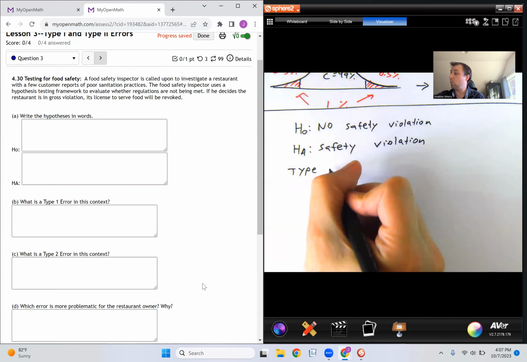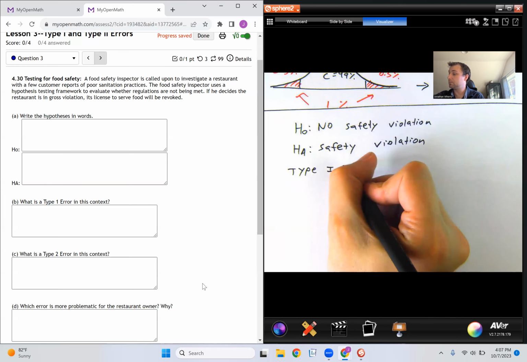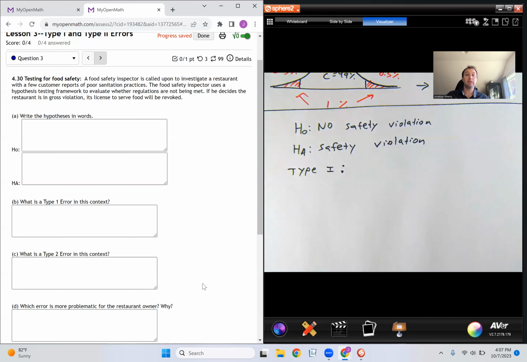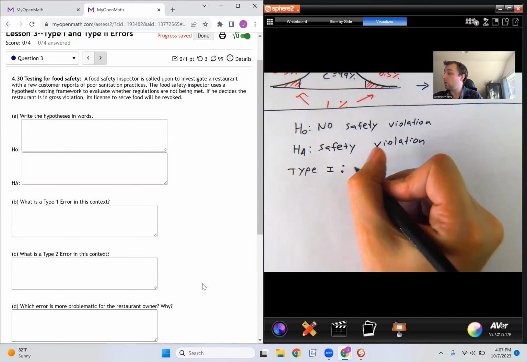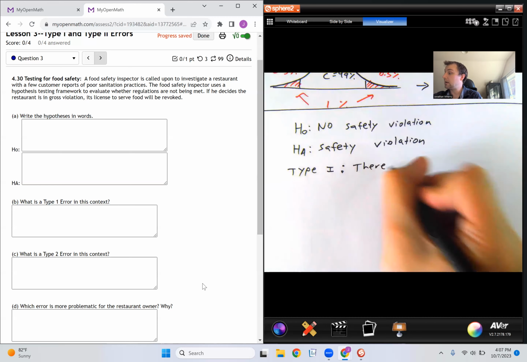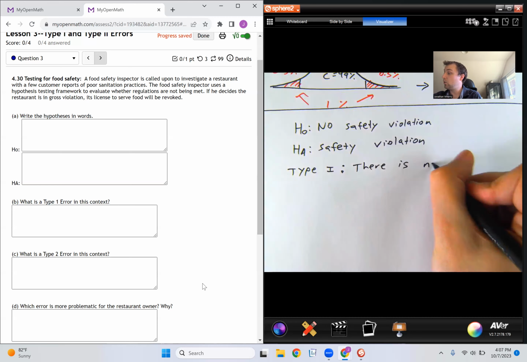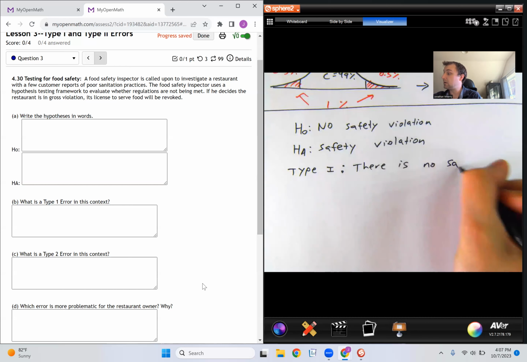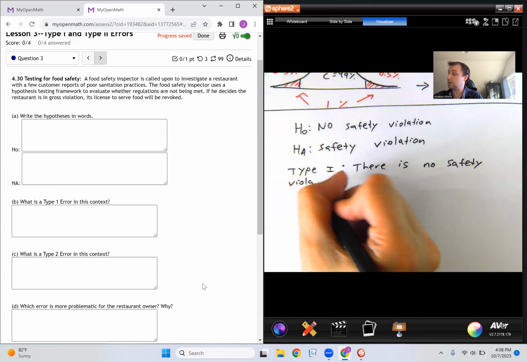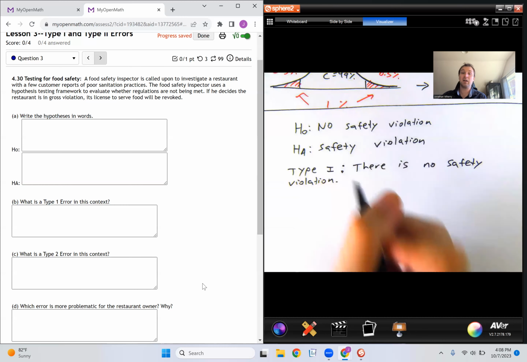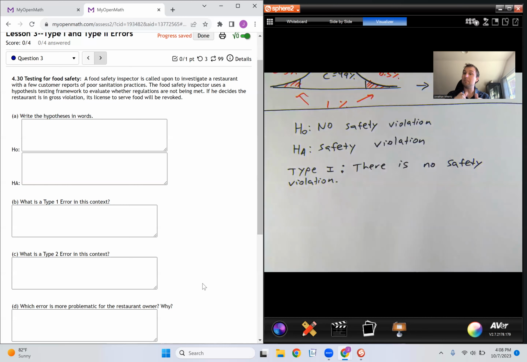A type 1 error. In a type 1 error, the first thing is true. So there is no actual safety violation. The error part is going to be a but to this.